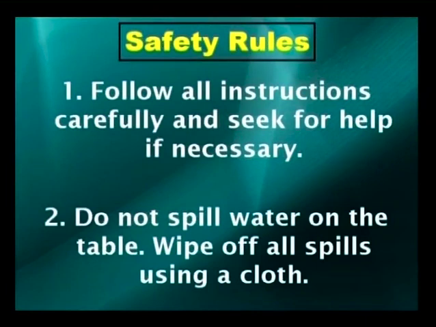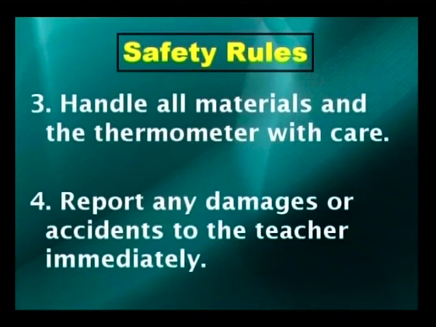Right. Rule number 2. Do not spill water on the table. Wipe off. Do you understand rule number 1 and 2? Yes. Good. You can use a rag or a cloth. Let's go on to rule number 3.